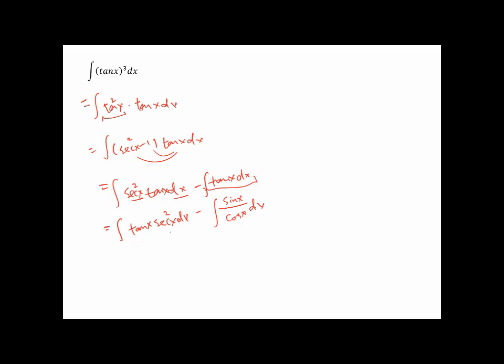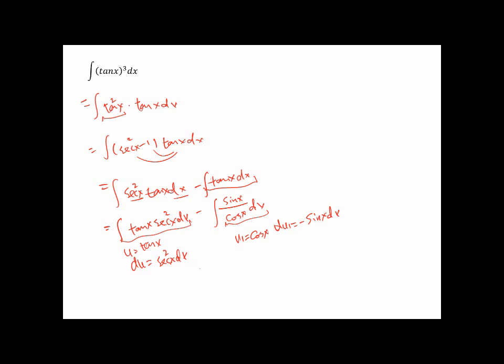For this part, u equals tangent x, du equals secant x squared dx. For the other part, u1 equals cosine x, and du1 equals negative sin x dx.